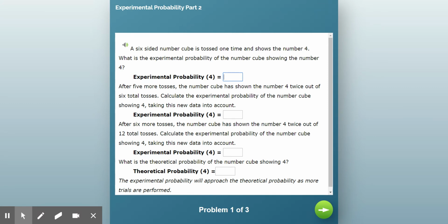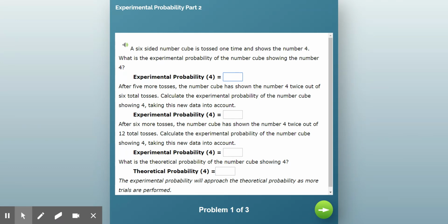A six-sided number cube is tossed one time and shows the number 4. What is the experimental probability of the number cube showing the number 4? Well, remember, experimental probability is the number of times the event occurred on top and the number of trials on the bottom. So the event is showing the number 4.